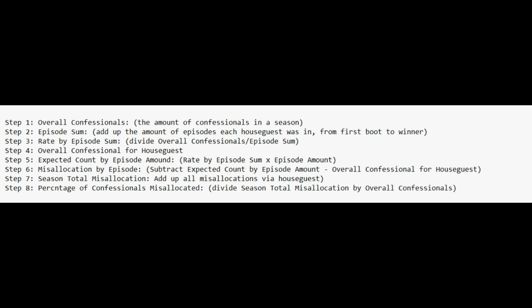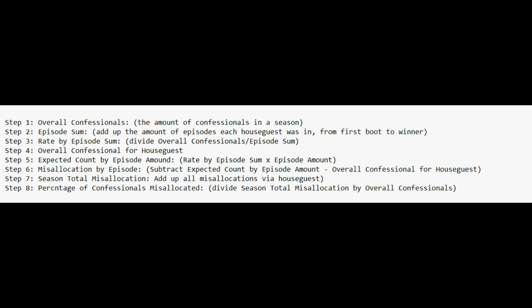And by the end of this, we are going to add up all of the misallocations of each of the house guests into a number, which is the season total misallocation amount, and we'll have a number there. And then the final component that we're going to use is the percentage of confessionals misallocated.